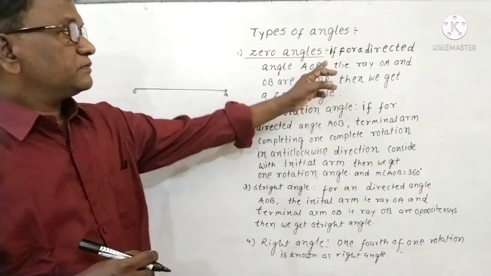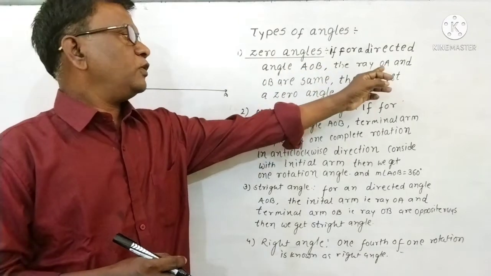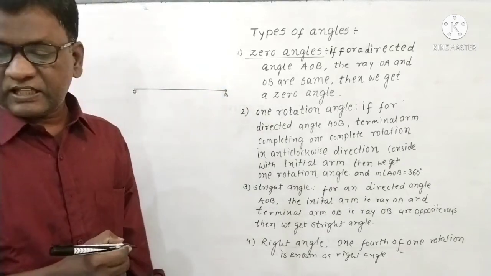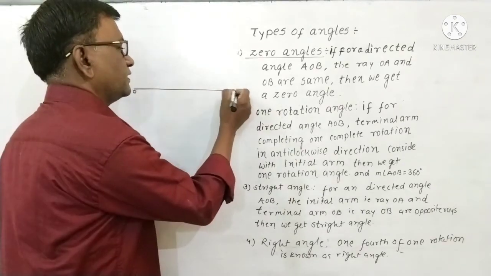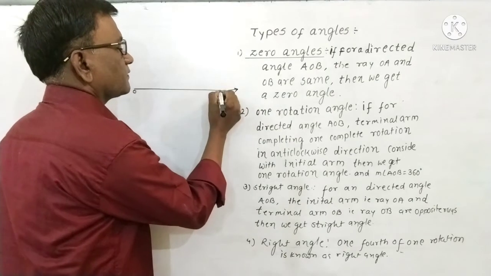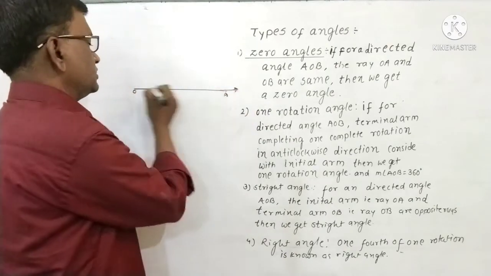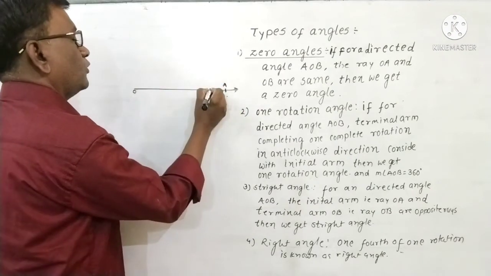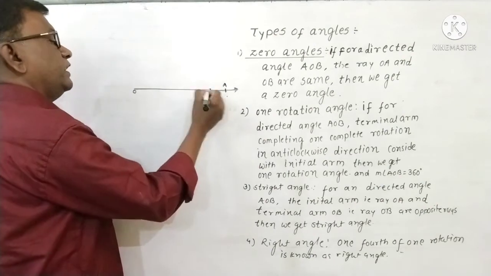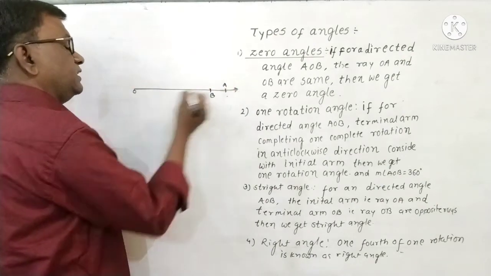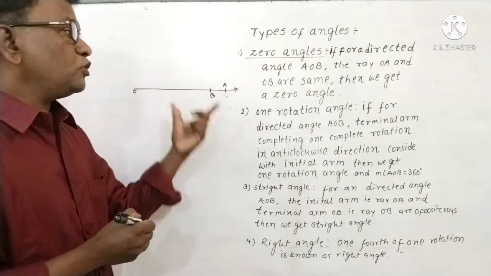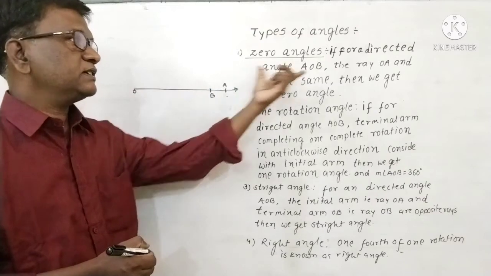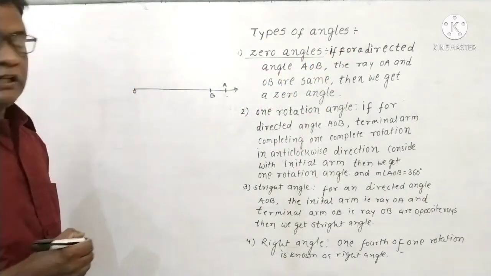For directed angle AOB, the rays OA and OB are the same. Here OA and OB rays are the same, then we say that it is a zero angle. This is ray OA and here is ray OB. OA and OB are the same rays, and if there is no rotation, if there is a zero rotation, then we say that it is a zero angle.